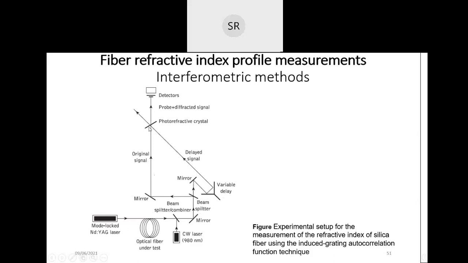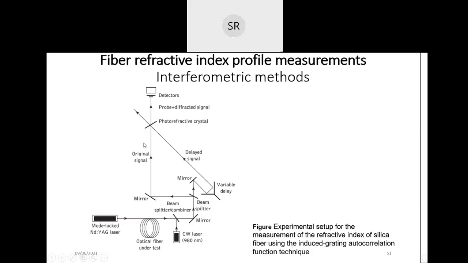At the end we have the photorefractive crystal, and two signals reach it, one the original signal and the other the delayed signal.